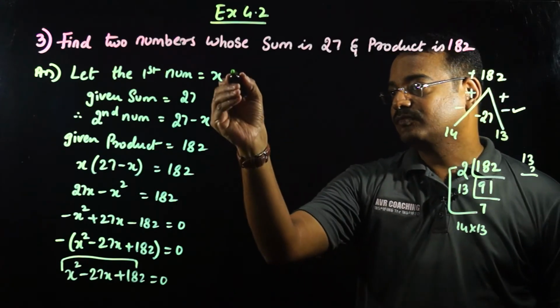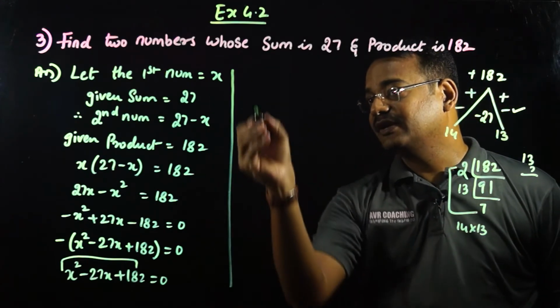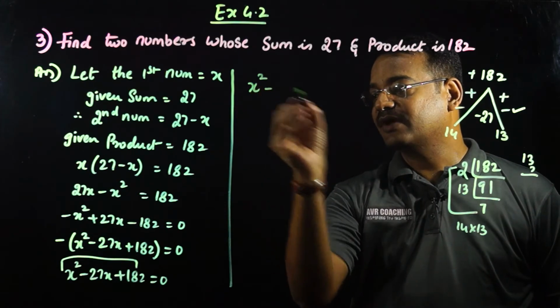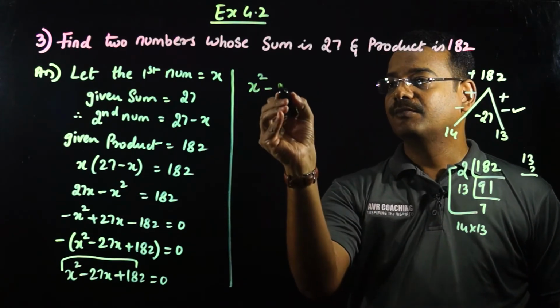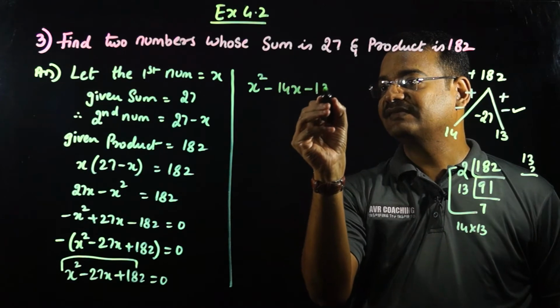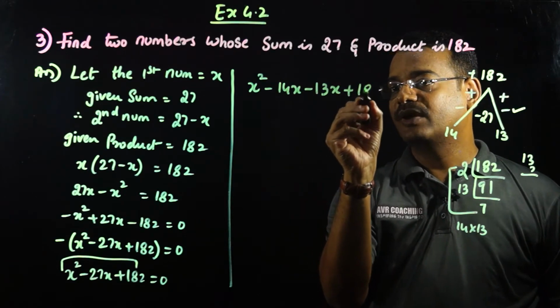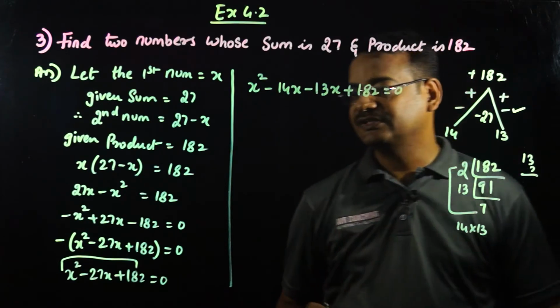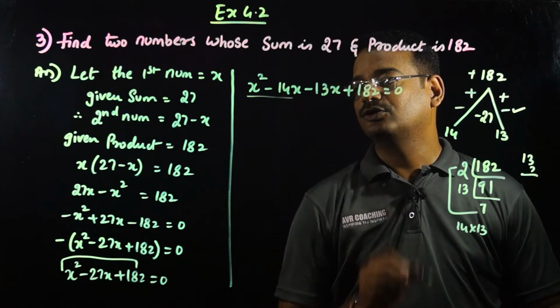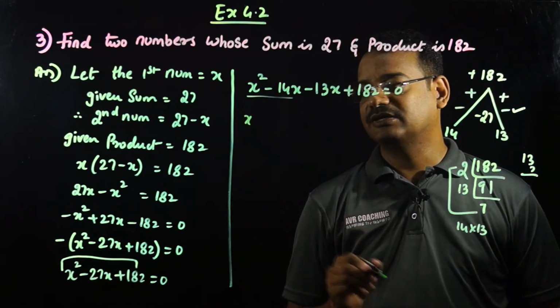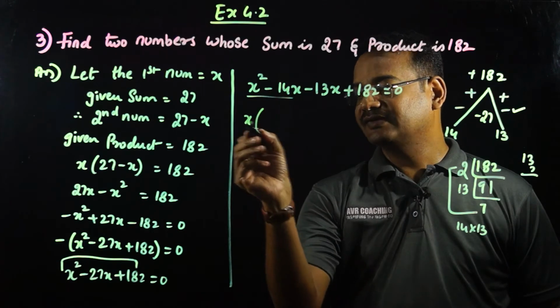So when we split the middle term, x square minus 27x will be written as x square minus 14x minus 13x plus 182 equal to 0. Now in the first two terms, x is the common term, so we have x outside the bracket.